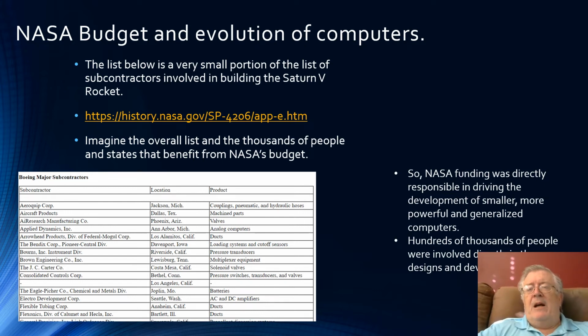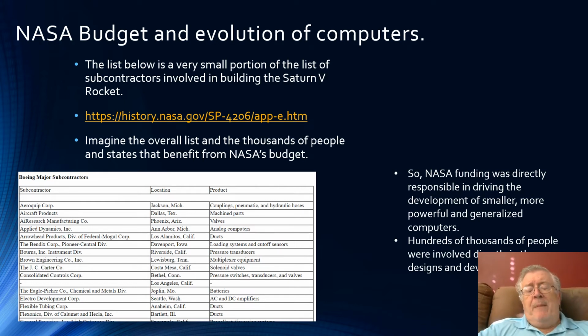NASA funding was directly responsible in driving the development of smaller, more powerful, and generalized computers. NASA needed the computer to weigh less, to be smaller, to fit in the lunar lander, and so they did that.